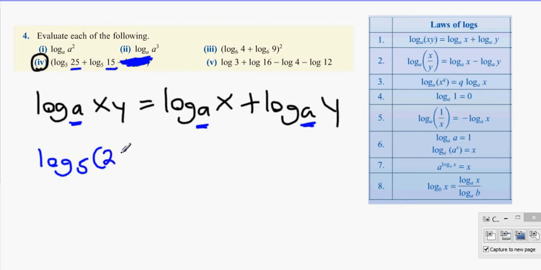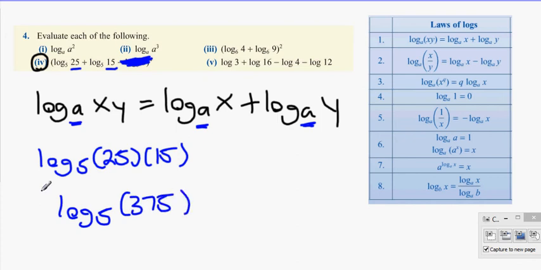Xy means 25 multiplied by 15. Just follow the rule rigidly. Then we're going to get log 5. And what's 25 times 15? 375. Okay, 375.